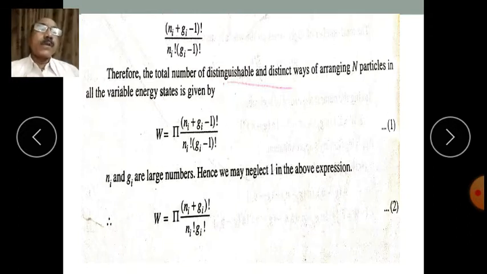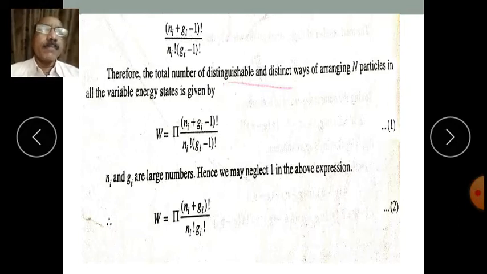But there are a total of n particles. We are going to distribute them in different energy states, isn't it? In the energy level having energy E1, suppose there are G1 sections and N1 particles to be distributed.